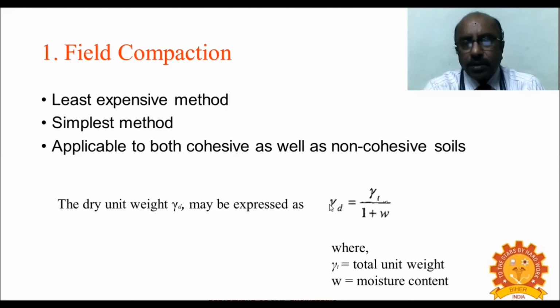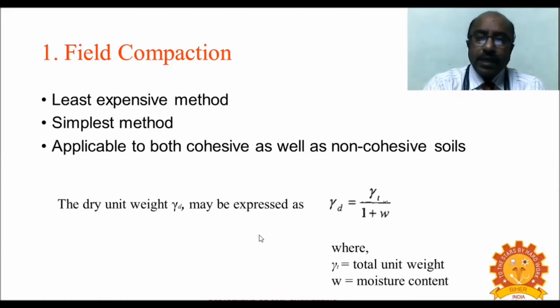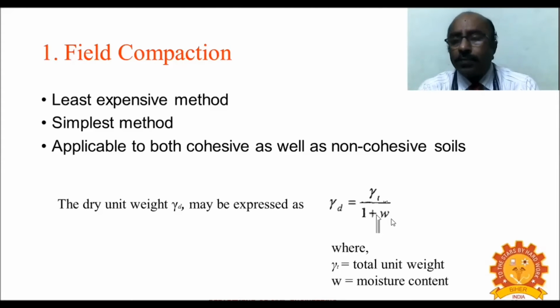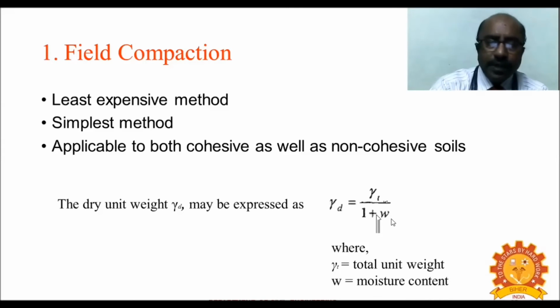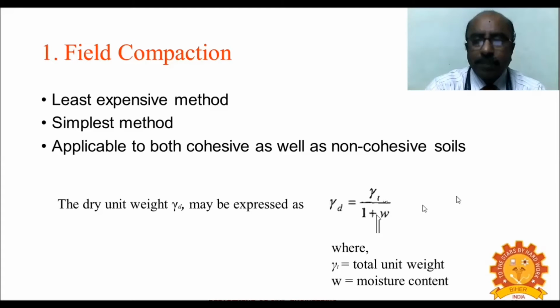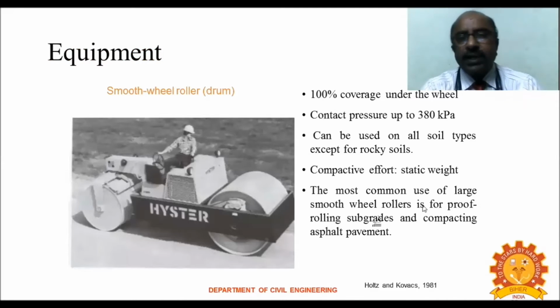So if this dry unit weight is increased, then we understand that the soil is stronger. Only at a particular moisture content, that is OMC, optimum moisture content, we can have gamma d max, the maximum dry unit weight, and if you are able to achieve that in the field by compaction, then that is the simplest method.